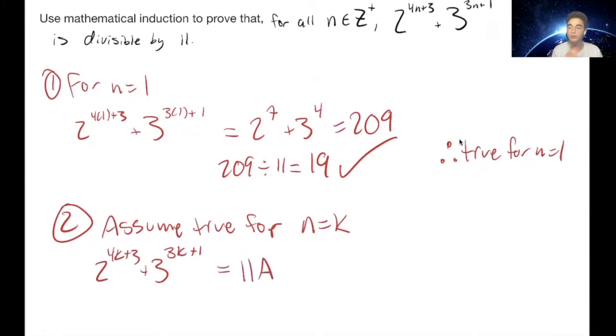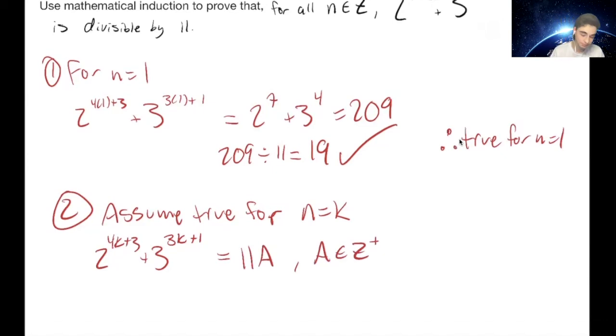You could put any variable there you want, but you want to specify that a is an element of positive integers. What does this do? We're plugging in k, but we're also saying this is divisible by 11, because dividing a by 11 means dividing the left-hand side by 11, and we get an answer because it's divisible by 11. That's all you got to do. That's step number 2, easy.